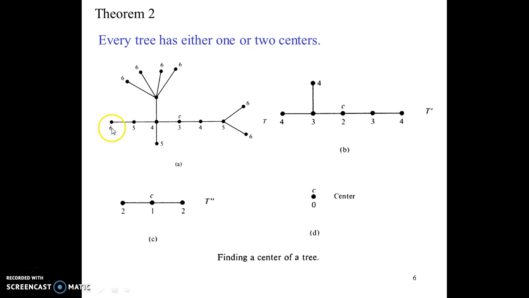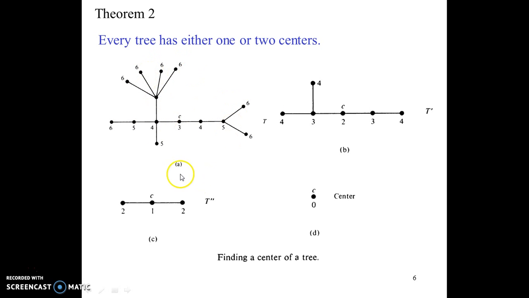The distance from this vertex to this vertex is 4. The distance from this vertex to this vertex is 6. Also, the distance from this vertex to this vertex is 6. Now, the maximum distance is 6, which is the eccentricity value for this particular vertex. Similarly, we can compute the eccentricity value for other vertices also.